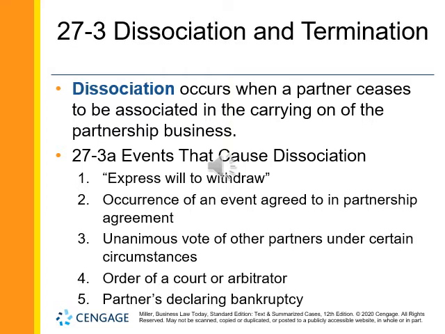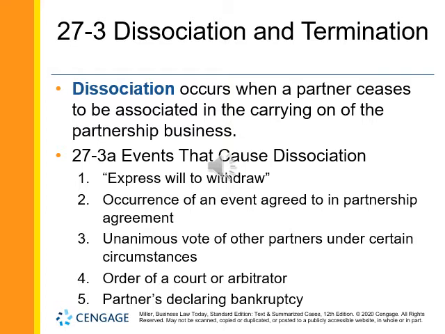A partner may cease to be associated with the partnership's business by notifying partners that he or she wishes to withdraw due to an event specified in the partnership agreement, by unanimous vote of the other partners under one or more of the circumstances that are set forth in the UPA, by the order of a court or an arbitrator, or due to death, incapacity, bankruptcy, or assigning a partnership interest for the benefit of creditors.